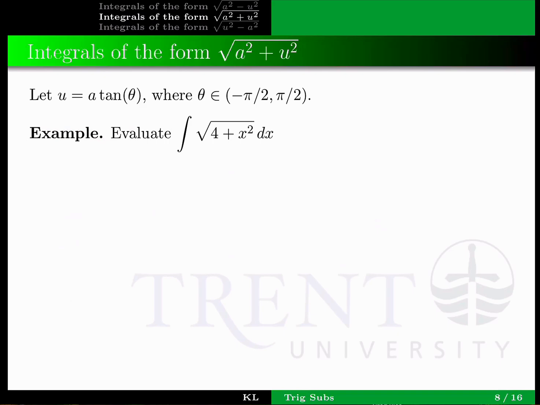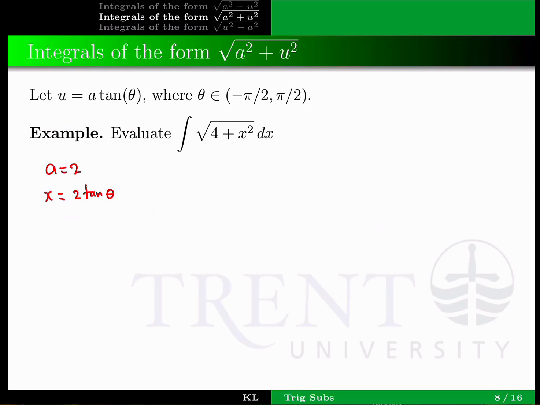In here, we want to integrate the square root of 4 plus x squared dx. Our a is equal to 2, and our u is just x. So let us write x equals 2 tangent theta.